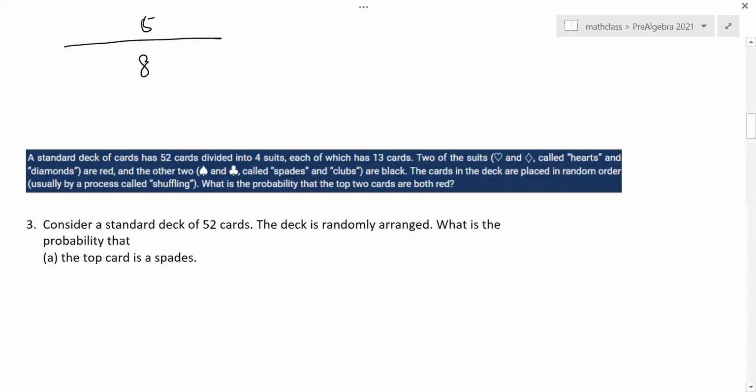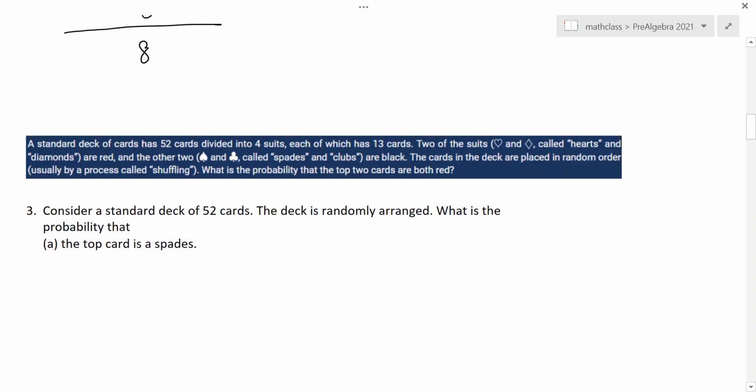So what is the probability that the top card is a spade? How many spades are there? 13.